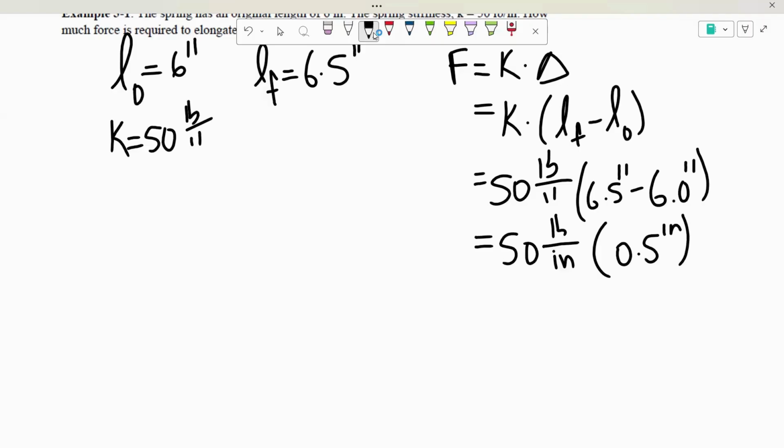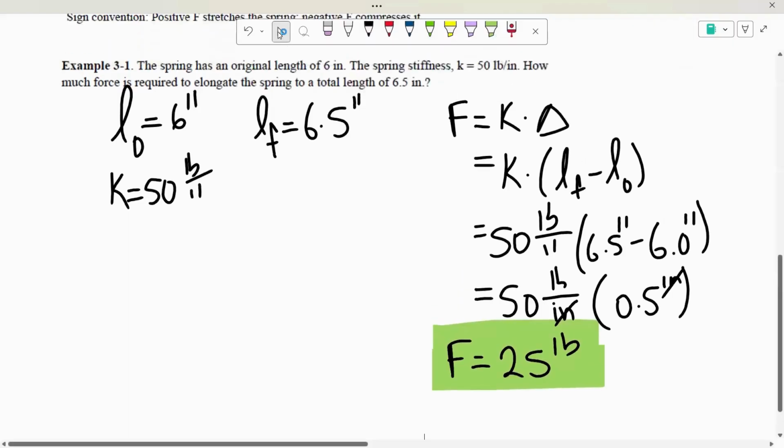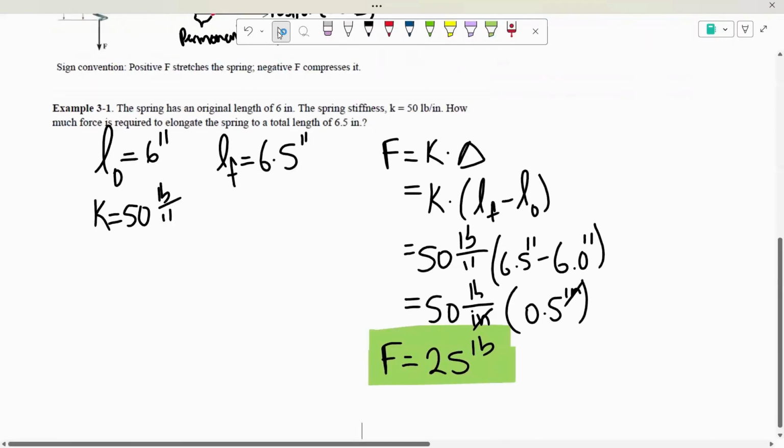The inches cancel out, and then we do 50 times 0.5. That means the force required to elongate that spring to 6.5 inches is 25 pounds. And just like that, we were able to find the required force to elongate the spring to a total length of 6.5 inches.